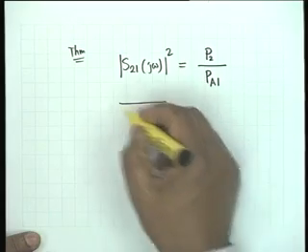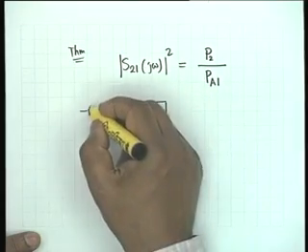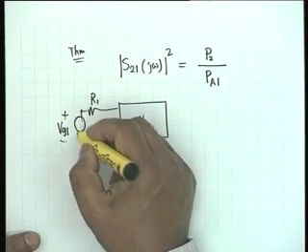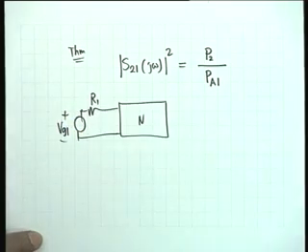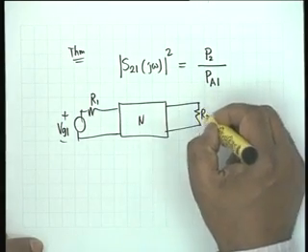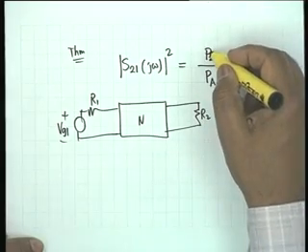We have a network N which is driven from a source Vg1 and a resistance R1, and you know that in a 2-port we take the reference resistances as equal to the terminating resistances, and this is R2. P2 is the power.